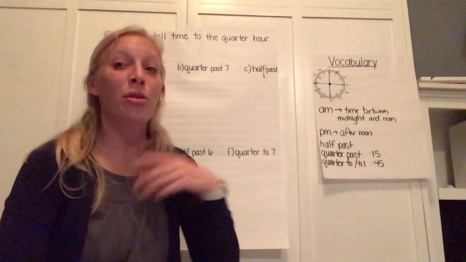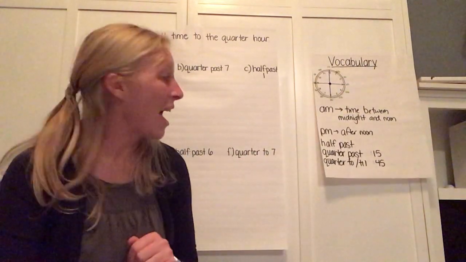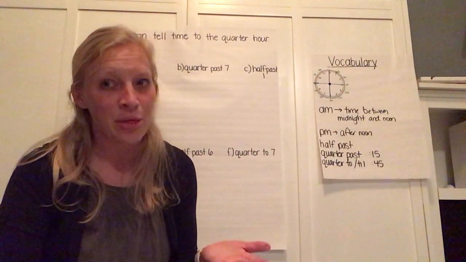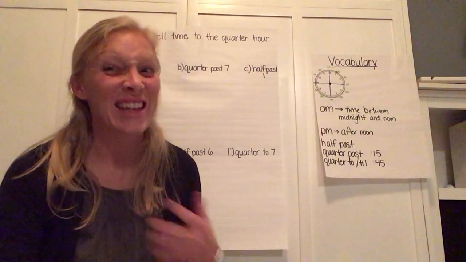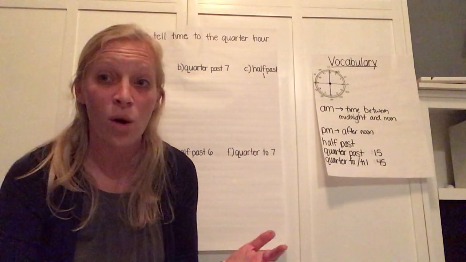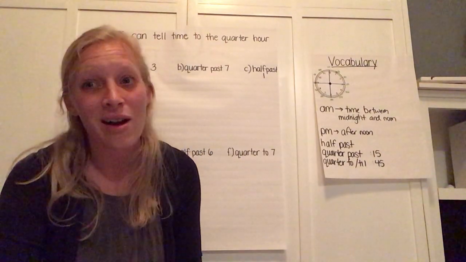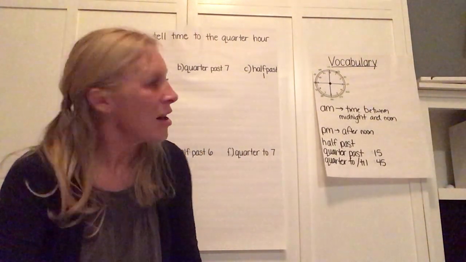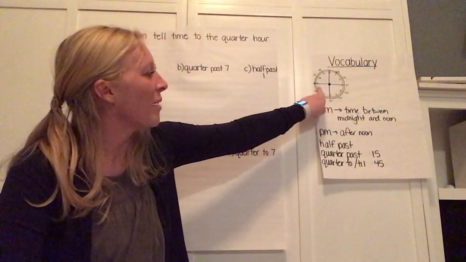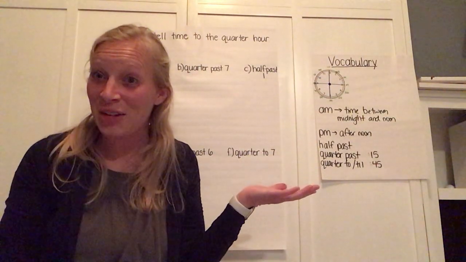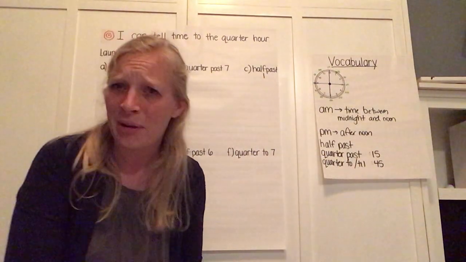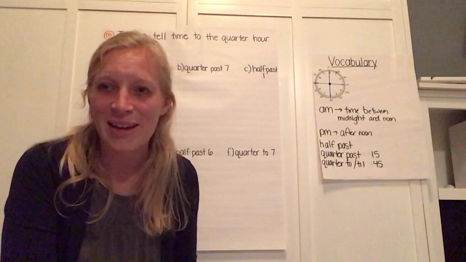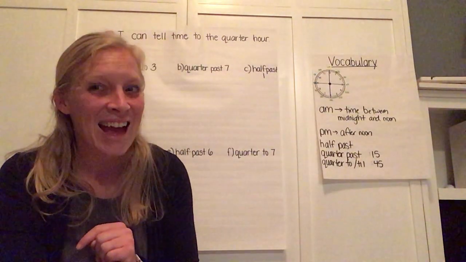For example, 3:45 is actually, your hour is 3, but you're actually a quarter till or a quarter to 4, because you're closer to 4 o'clock than you are to 3 o'clock, because you've gone almost all the way around your clock. Pretty great, right? Well, the tricky part is remembering, what does that time look like? So today we're going to practice exactly that.